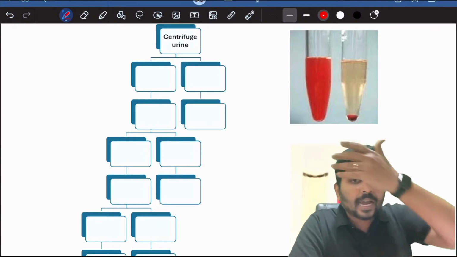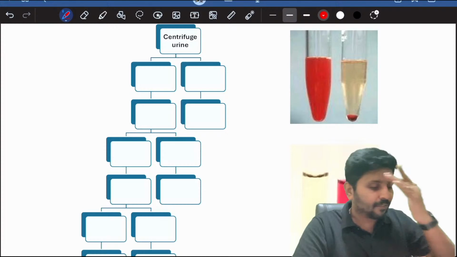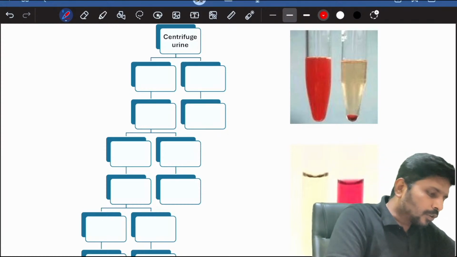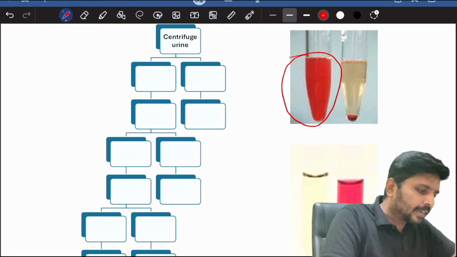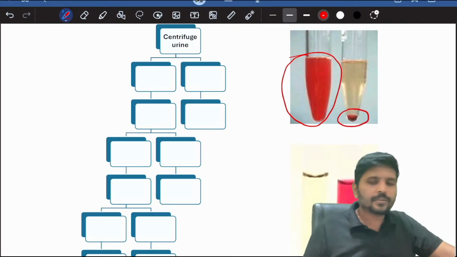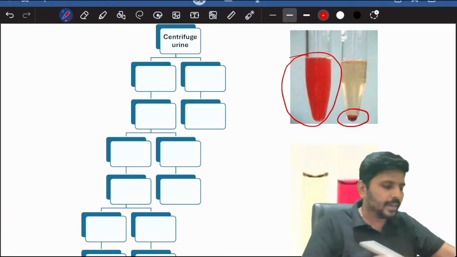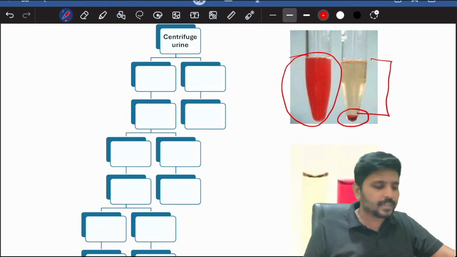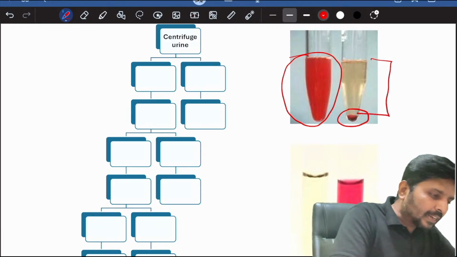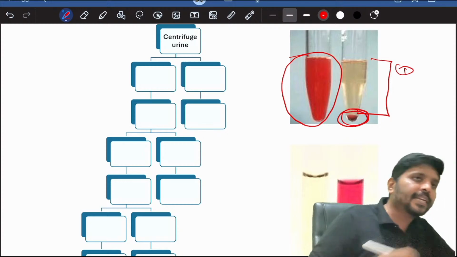And what you will have, look at this, my dear friends. This is normal urine. But look at the right. The sediment is red in color. The supernatant is clear. So what does it mean? In the first photo, you have red sediment.